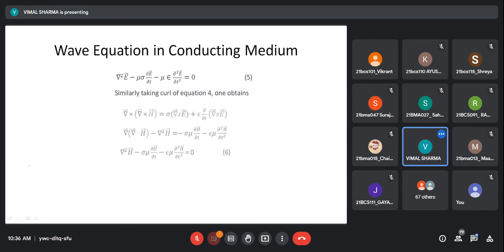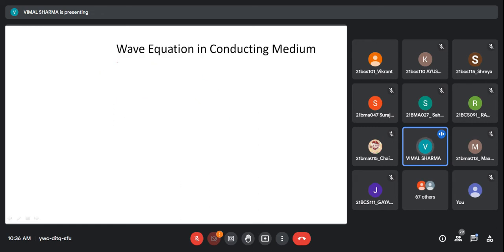So taking curl on both sides, you see here this is curl on the left hand side, this is curl on the right hand side, and then you get this equation. This is the wave equation for the H component, and this is the wave equation for the E component of the electromagnetic wave. As I said earlier, let me choose any one and see what it means, and the same will be true for the other component.